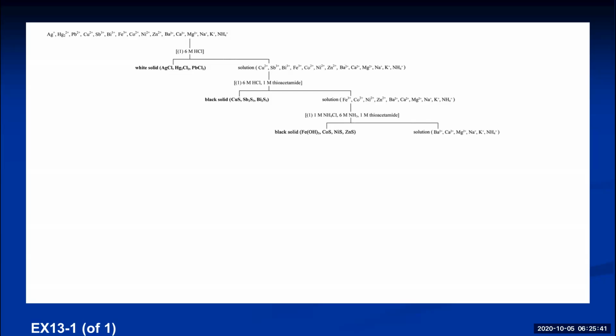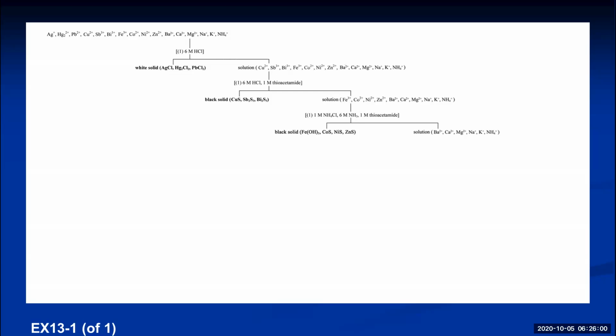Today's precipitating agent is again thioacetamide, to produce the hydrogen sulfide, which gives us our sulfide ions. With a combination of ammonia and ammonium chloride, we're making a buffer with a high, basic pH, and that'll precipitate out 4 cations for group 3.